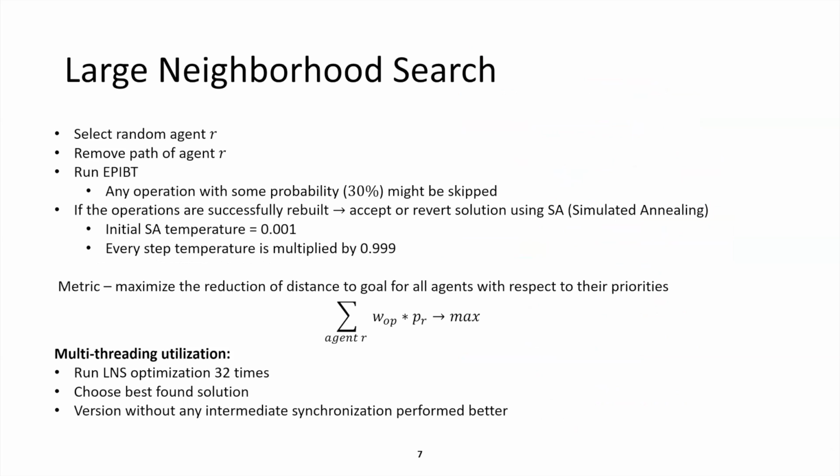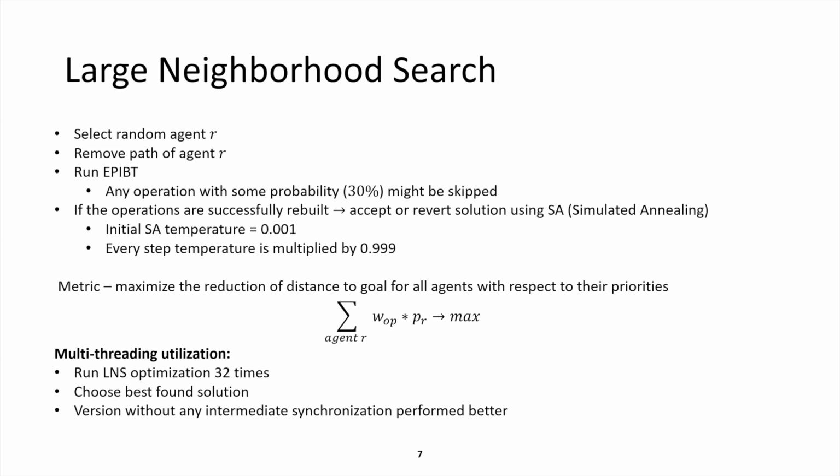To optimize the solution that is found by PIBT, we use large neighborhood search, and it works as follows. We select some agent randomly, remove its path and run the PIBT procedure for this agent. But to add some exploration, to change the solution and find something new, we skip some of the operations with some probability.